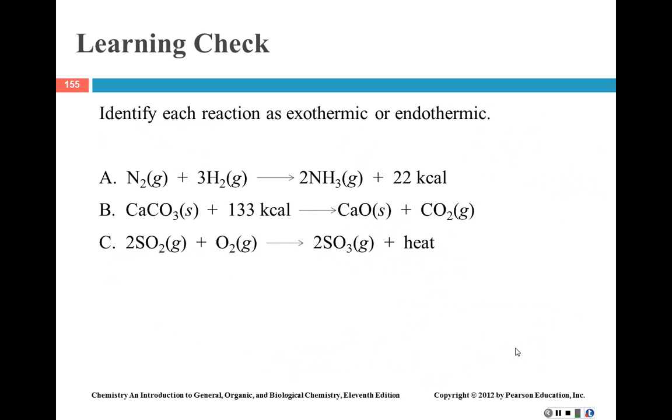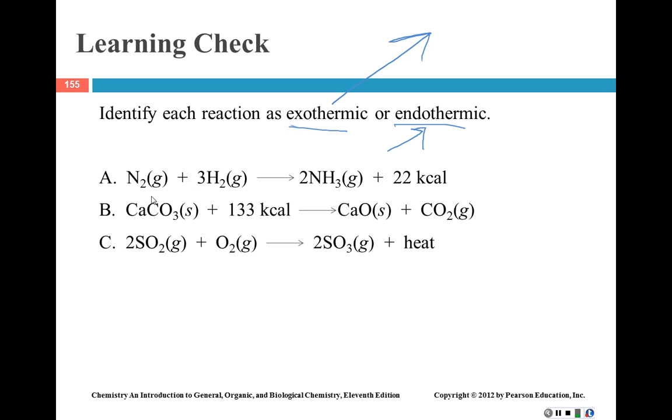So let's look at these. You should be able to knock these out pretty quickly, so if you want to put me on pause and come back, we need to identify these as either exothermic or endothermic. Remember the definition for endothermic, exothermic. If it's exothermic, heat's going to be given off. And if it's endothermic, heat's going to be put in, or energy.